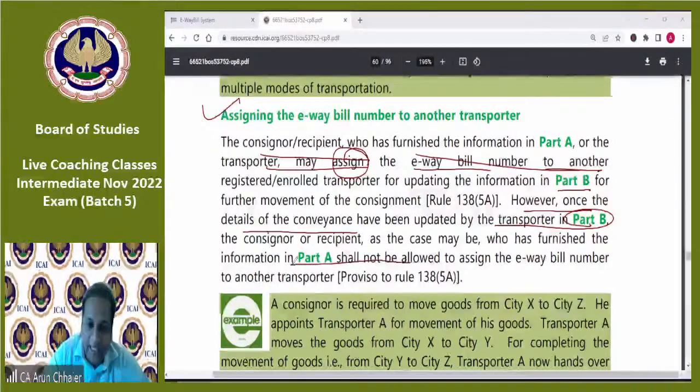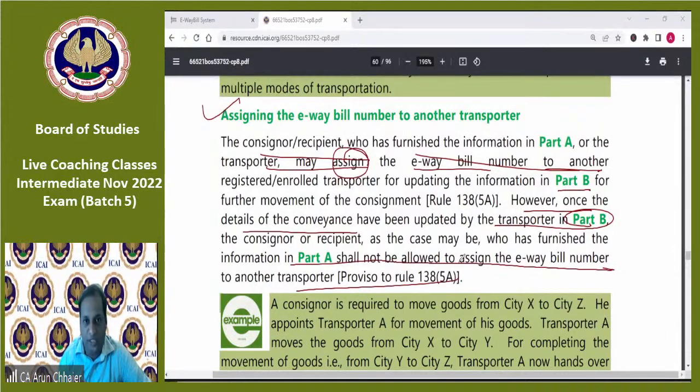So we know that the transporter ID is optional. You are sending the goods to Gati transporter by using the Gati transporter number. Gati can assign the work to another. Till what time can he assign? Till the time part B is not added. Once part B is added, then after that it cannot be assigned to any other transporter.